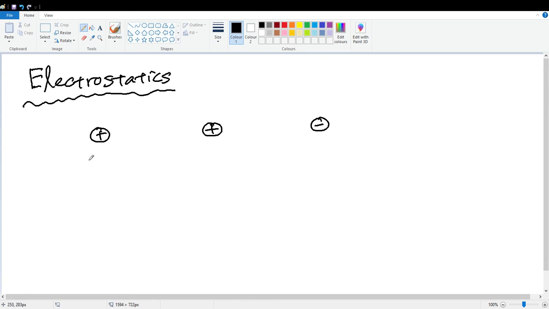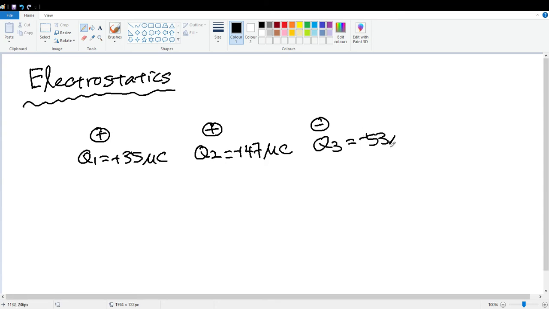Let's say my Q1 is equal to plus 35 millicoulomb, Q2 is equal to plus 47 millicoulomb, and Q3 is negative 53 millicoulomb.